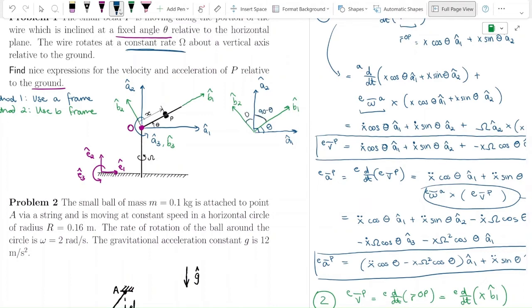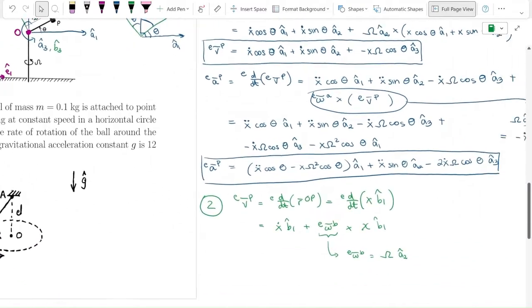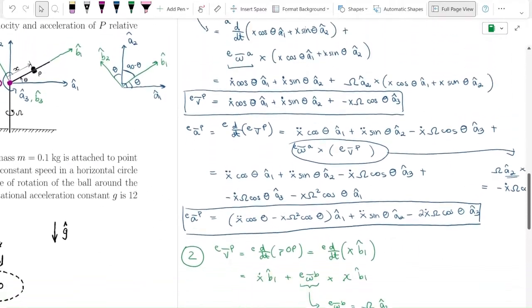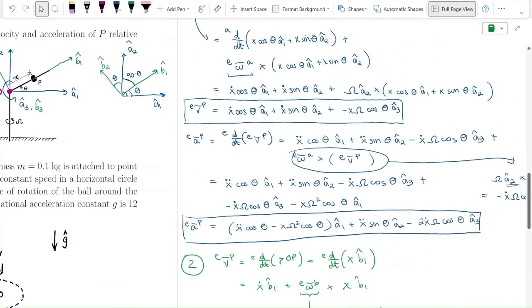So this angle is theta. So A2 hat is equal to, we go this way along the B2 hat unit vector, and that's a distance of cosine theta, right, adjacent. And then we go a distance of sine theta in the B1 hat direction.